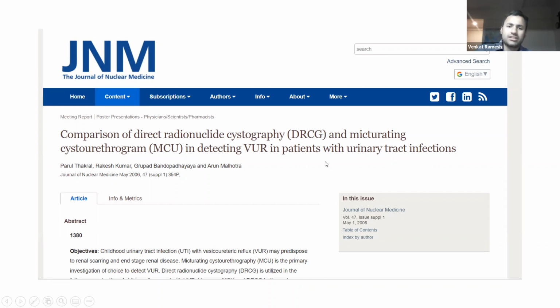So direct radionuclide cystography is often ordered by the urologists in terms of excluding vesicoureteric reflux in patients with recurrent UTI. So that's something that we use. But again, these tests are not often ordered by us, so we don't have too much experience with their use.